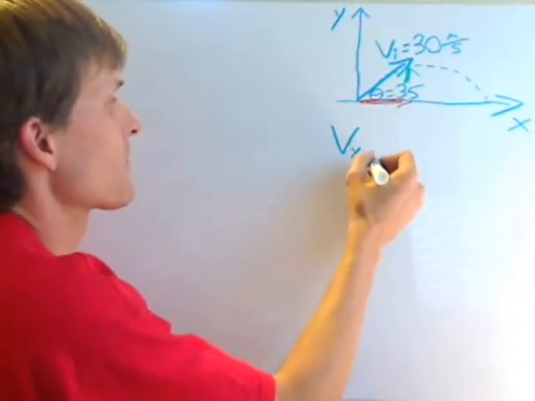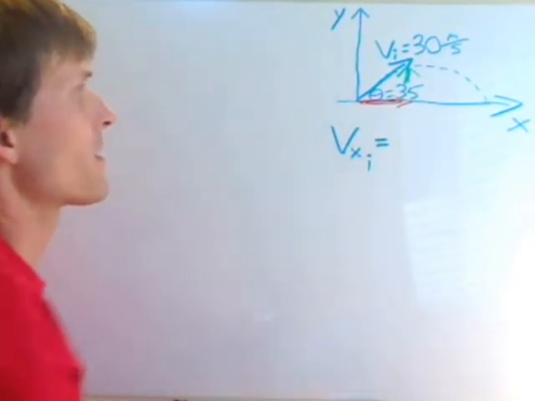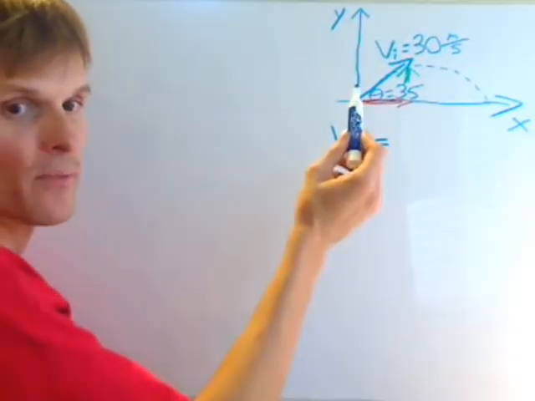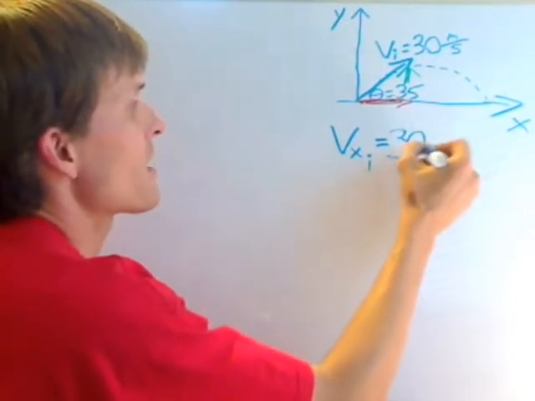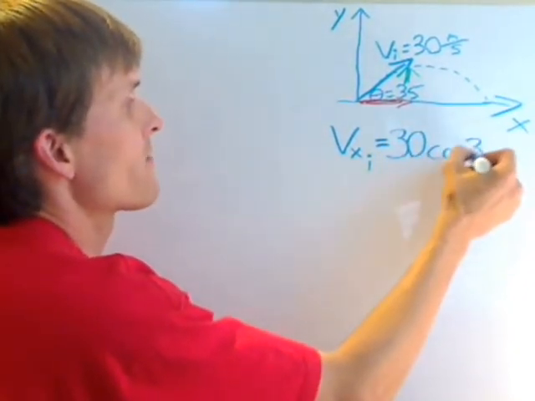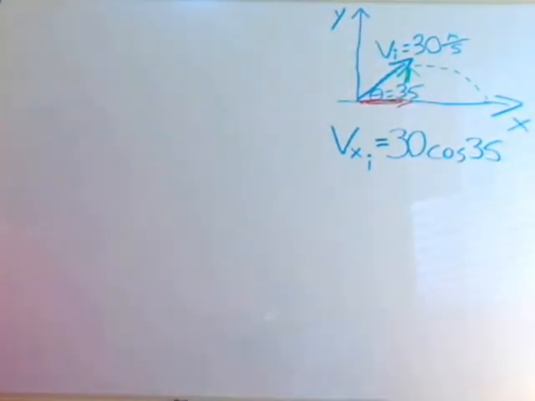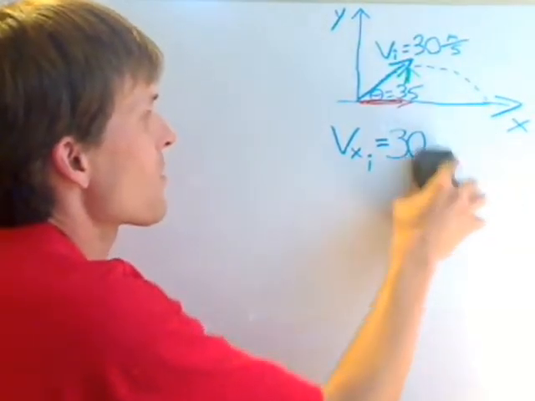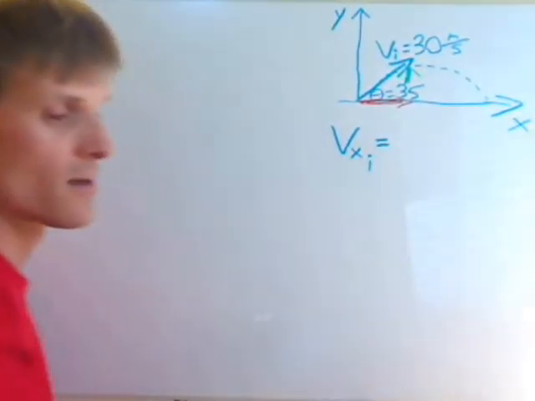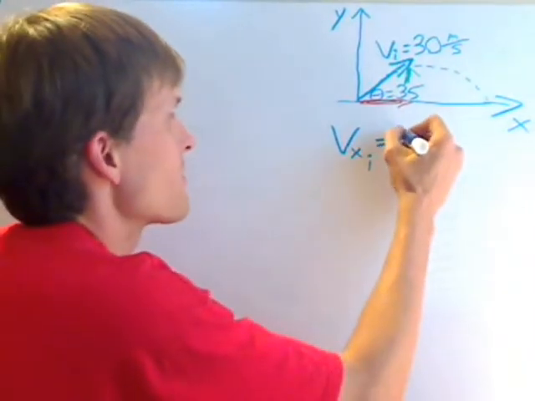Vx initial is 30, and remember, we use the cosine here. So that's 30 times the cosine of 35. When you do that calculation, you get 24.57 meters per second.